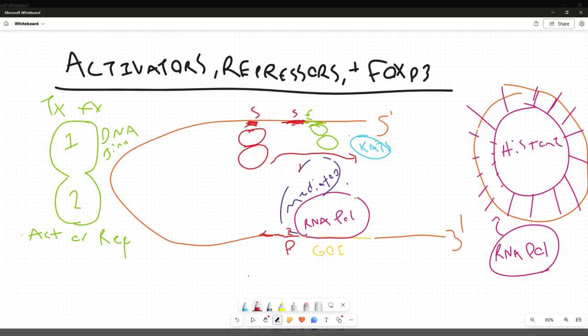At the same time, another mechanism of repressors, it will send another signal out and around to a co-repressor. In this case, we'll use HDAC. HDAC stands for histone, poorly written, deacetylase.